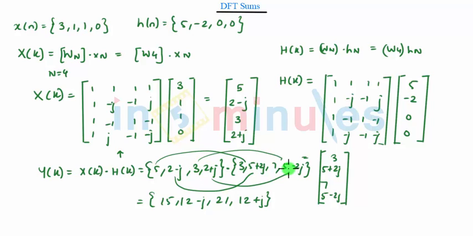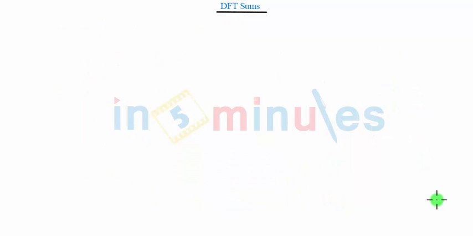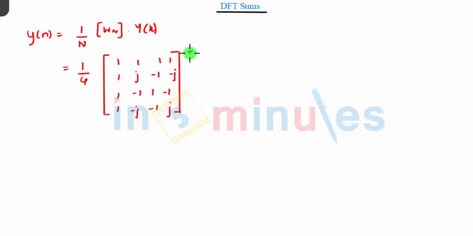So now finally we have to do the calculation of y of n. Y of n is equal to 1 by N, W of N into Y of k, that is 1 by 4, that is N is equal to 4, multiplied by the twiddle factor matrix into Y of k, that is 15, 12 minus j, 21, 12 plus j.